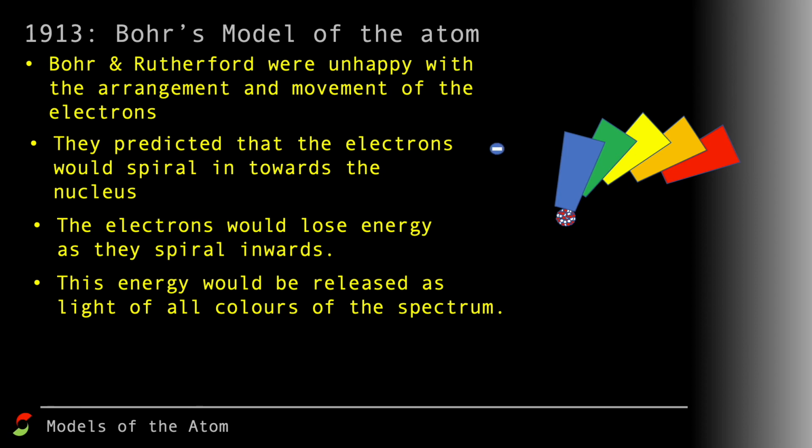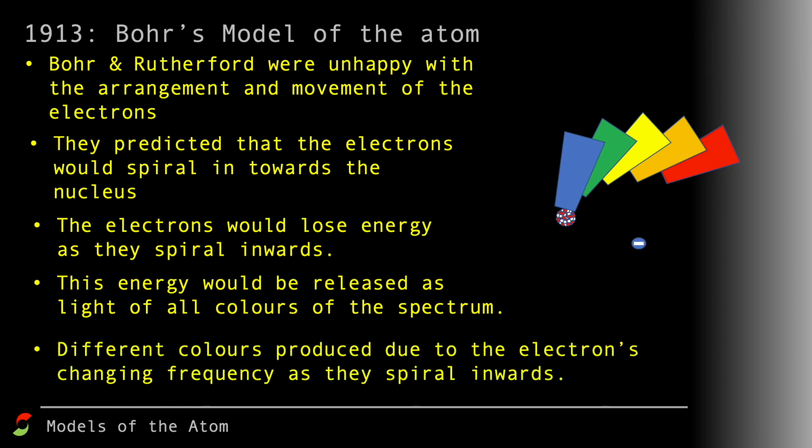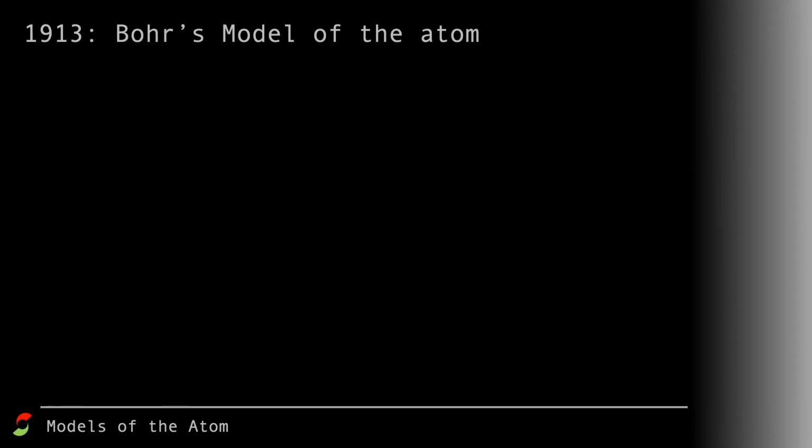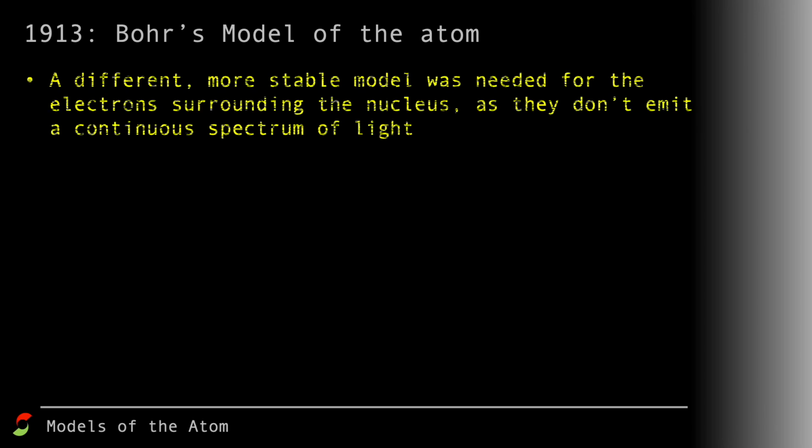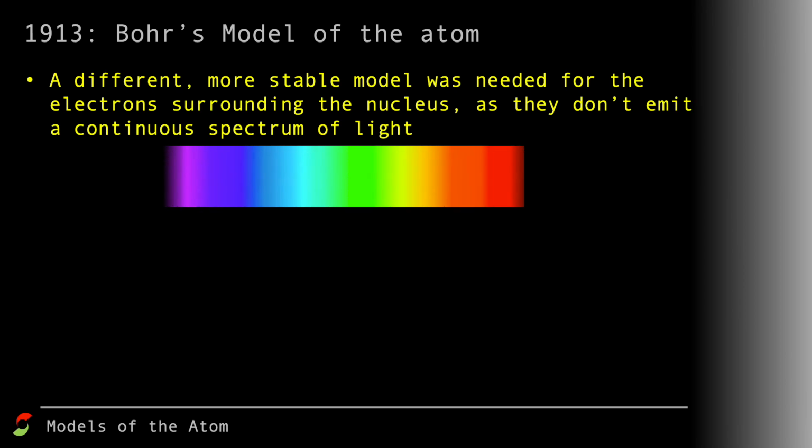And we would see red, orange, yellow, green, blue, indigo, and violet being emitted from these unstable atoms. And we just don't see that. So a more stable model was needed because they don't emit this type of continuous spectrum.